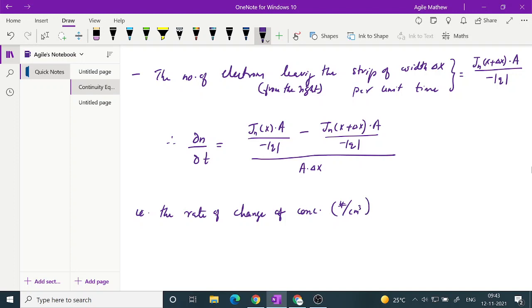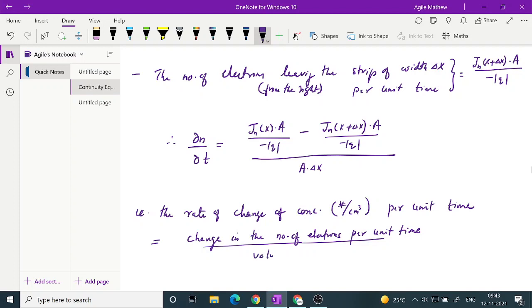The rate of change of concentration per unit time, because I am dividing it with t. So rate of change of concentration per unit time is equal to the change in the number of electrons per unit time divided by the volume of the strip.